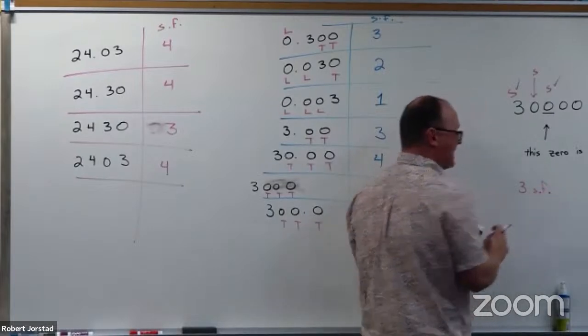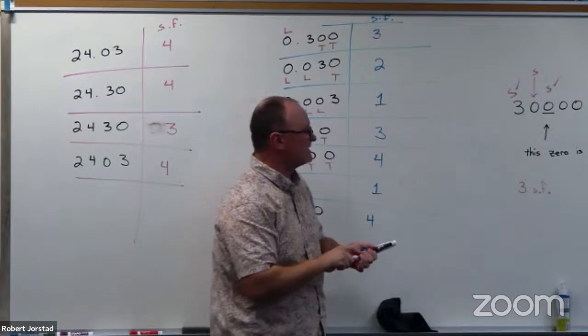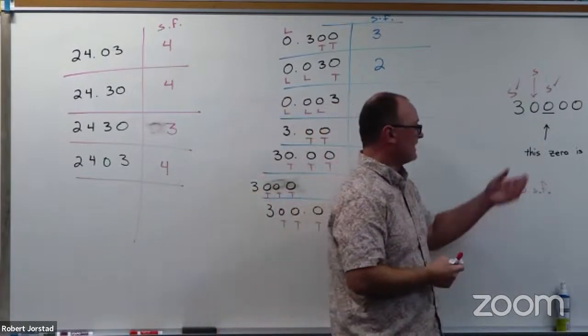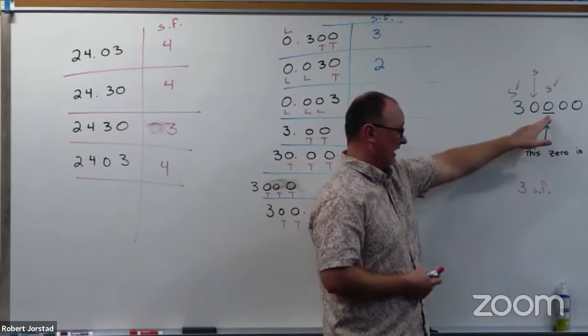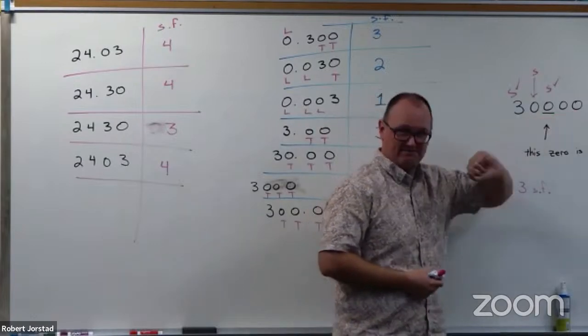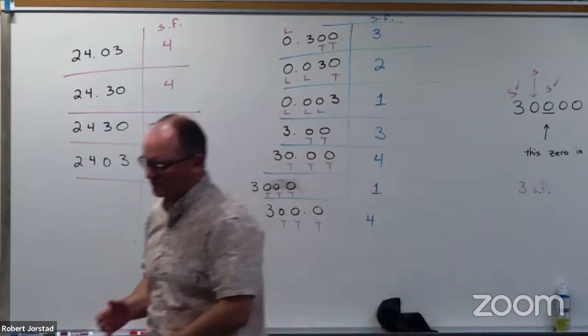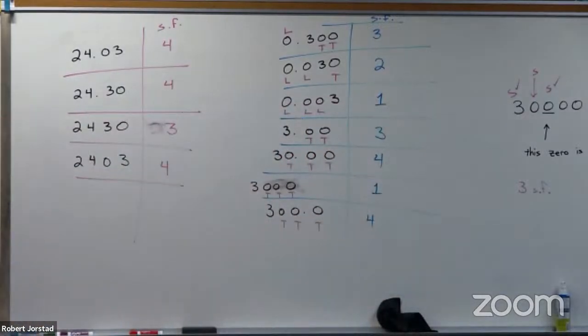So that is a way you can specify sig figs if you have trailing zeros to the left of the decimal. That's a trick. So these two would be significant. These two would not. And let's go back to our rule just so I can show you how to modify that rule to accommodate this.